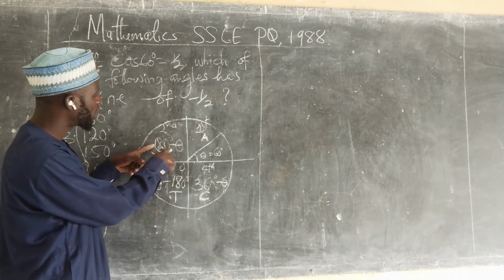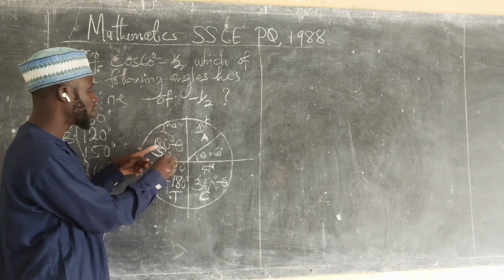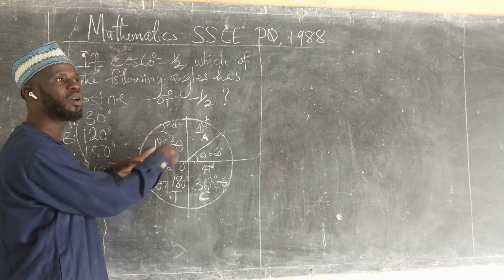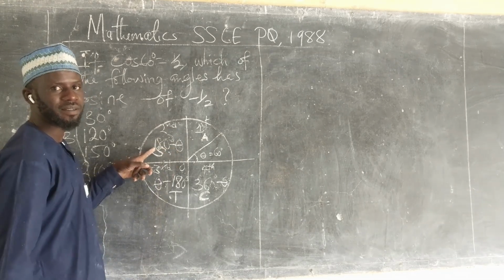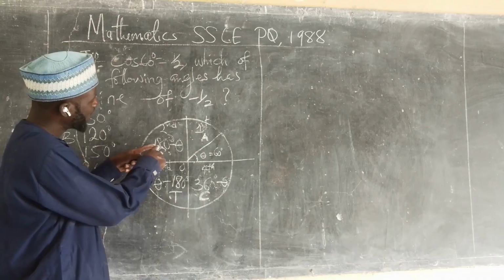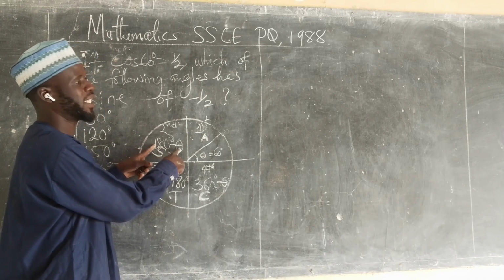So we have to come to the second quadrant, where we have the possibility of having a positive angle with a negative cosine. Let's check. It is 180 minus theta.